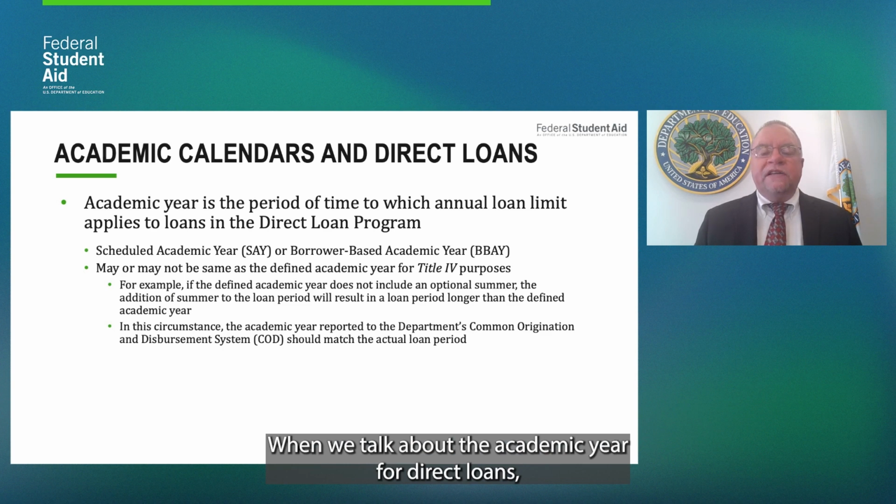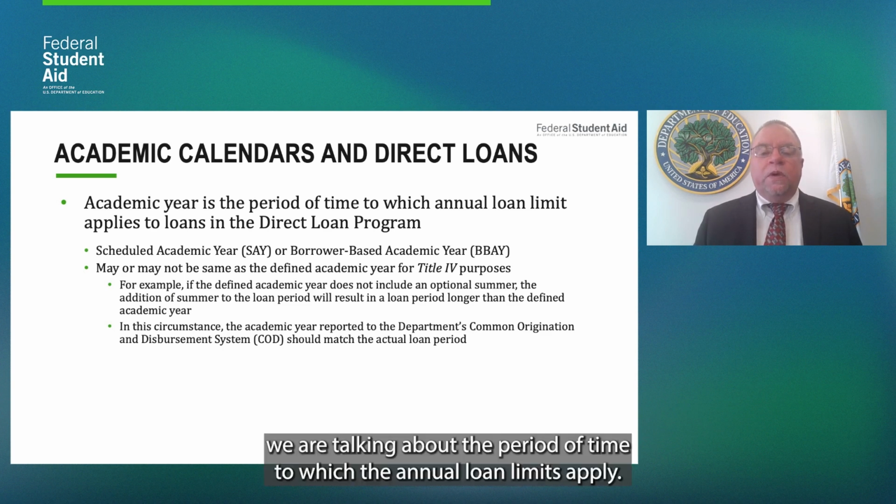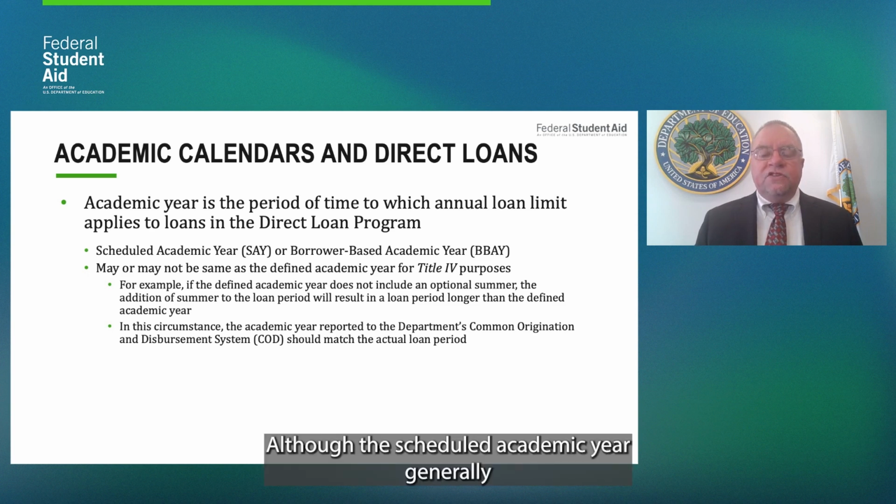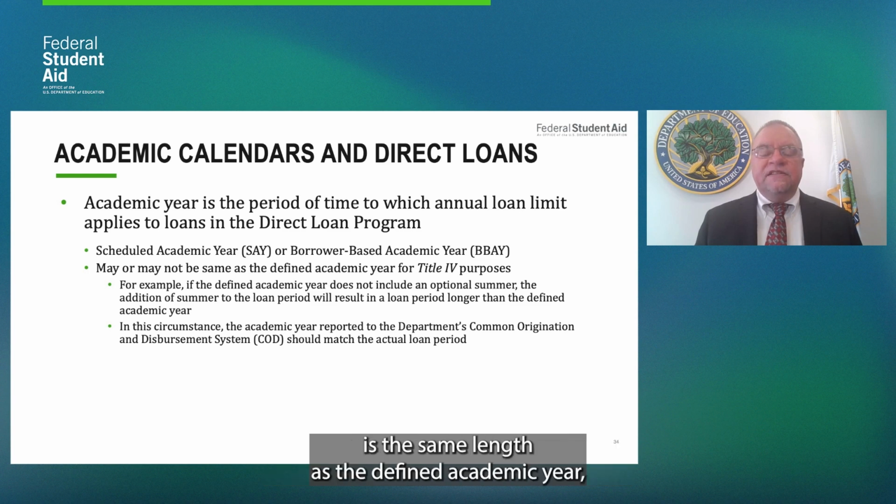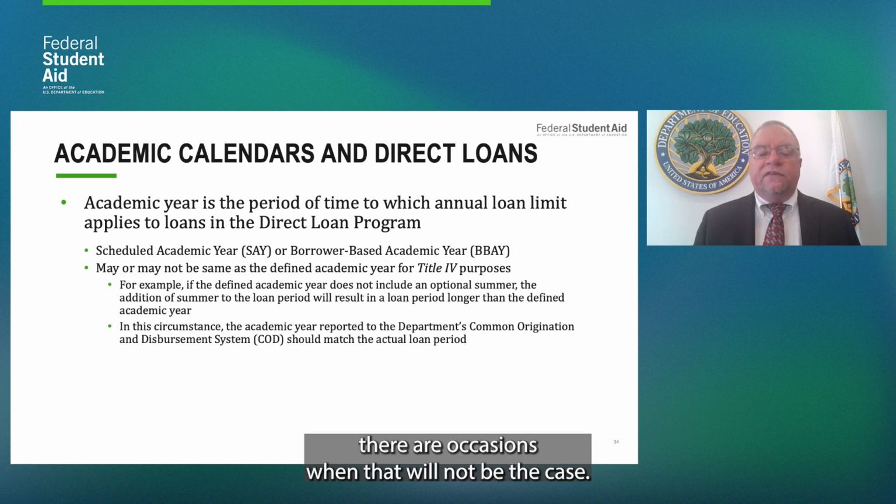When we talk about the academic year for direct loans, we are talking about the period of time to which the annual loan limits apply. Although the scheduled academic year generally is the same length as the defined academic year, there are occasions when that will not be the case.